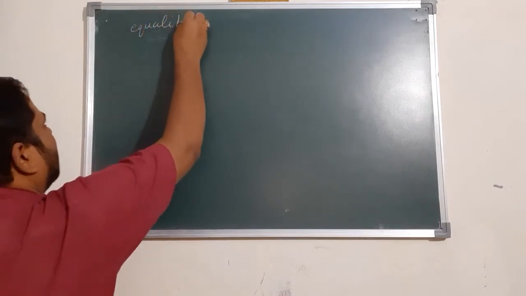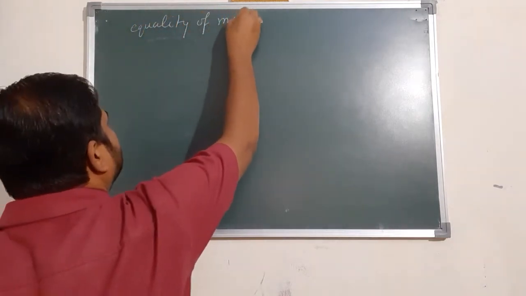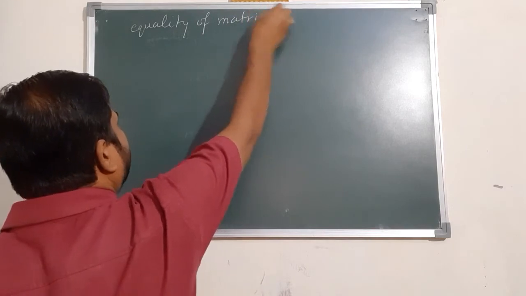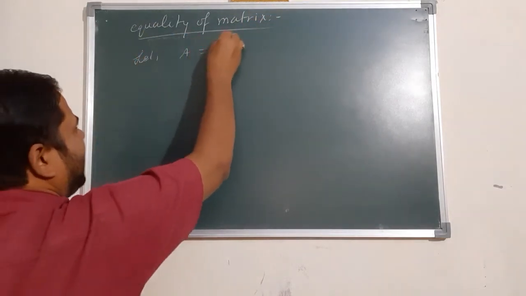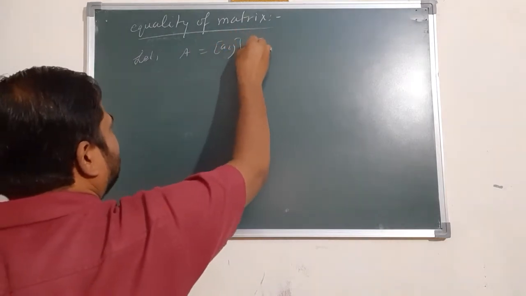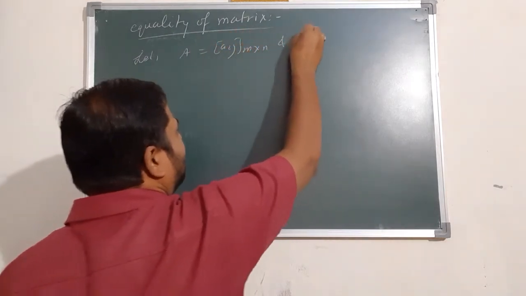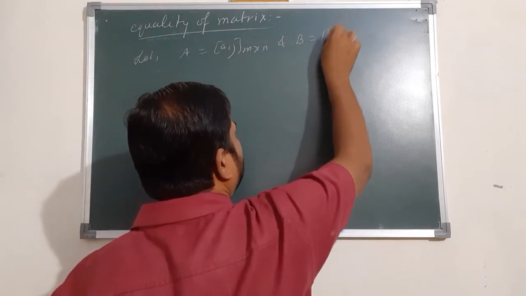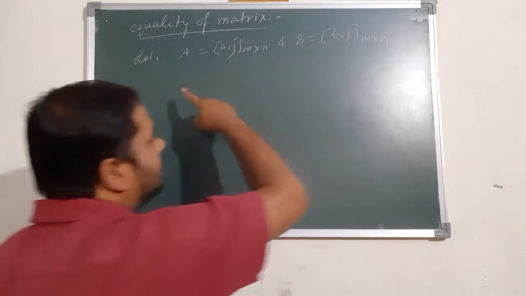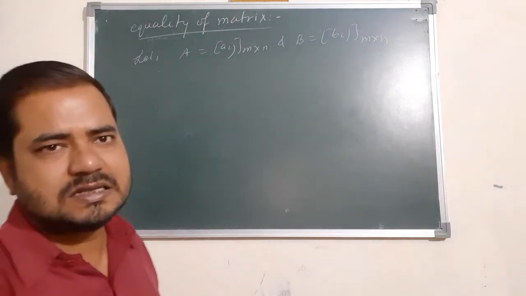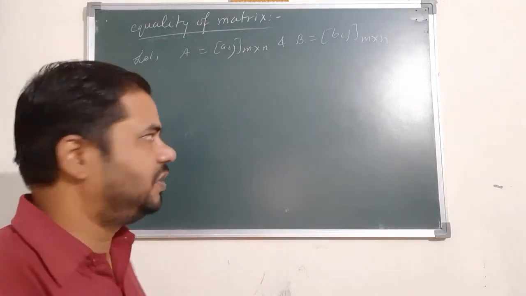Equality of matrix. Okay. Let A equal Aij of order M cross N, and B equal Bij, which is also of order M cross N. If both matrices have the same order, then only they can be equal.